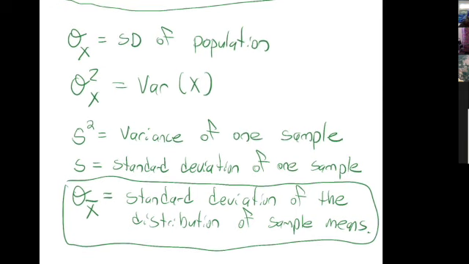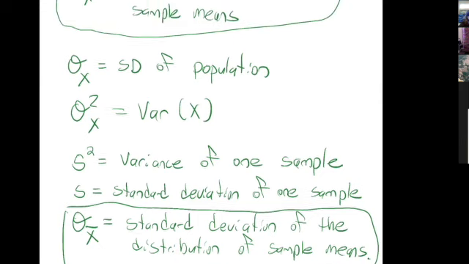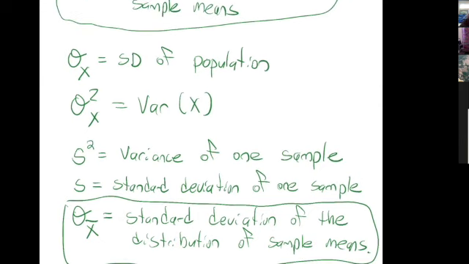But I want to be sure that we're certain about what each of these things are referring to. So when we use the sigma, the standard deviation of the population, this is looking at variability of individuals in the population.